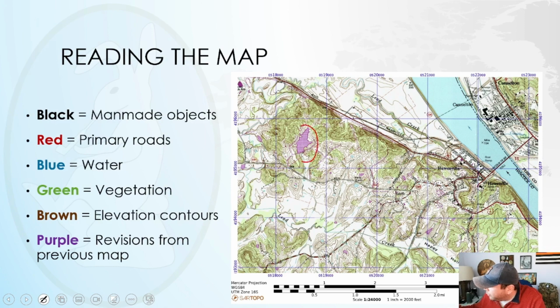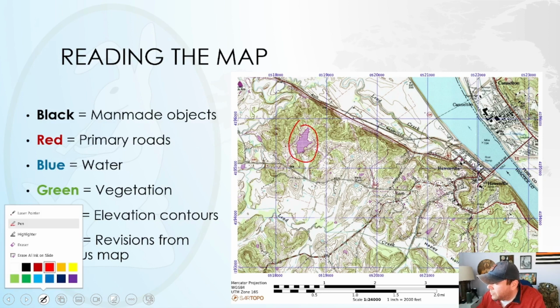We have this big blob of purple over here on the left side of the map. That's a revision. Whenever they produced this map, apparently in an earlier version, this is a new addition to the map that was not included in the previous version. So the map is telling us, hey, if you've been using this map historically, there's a change here. All right.